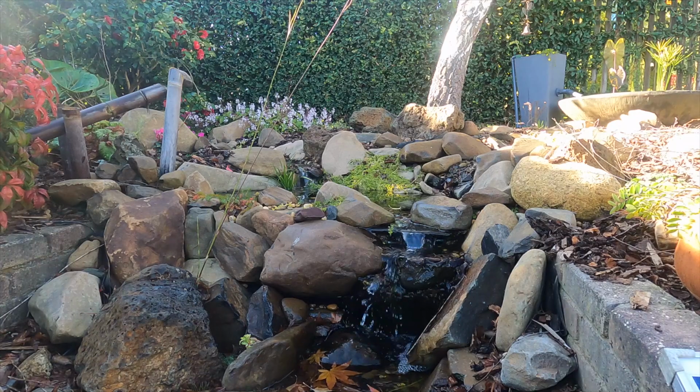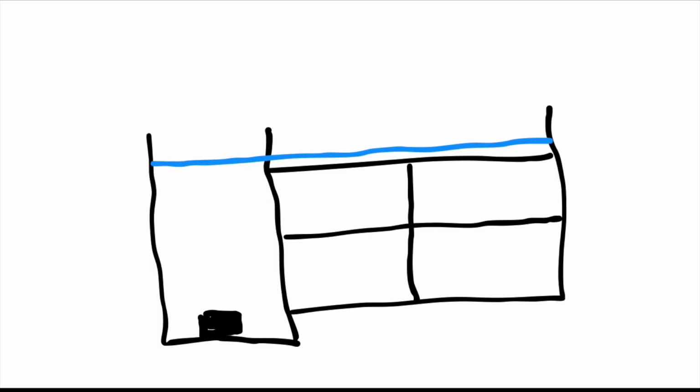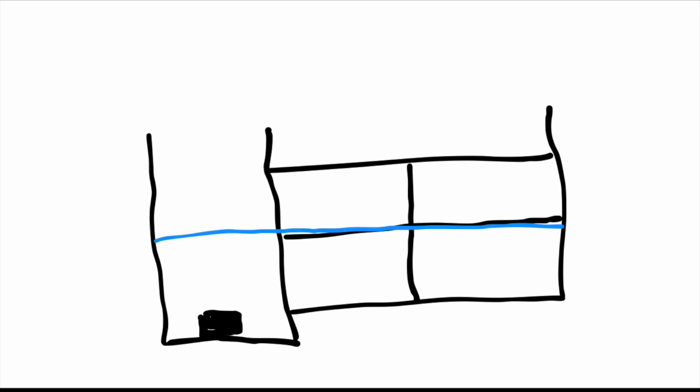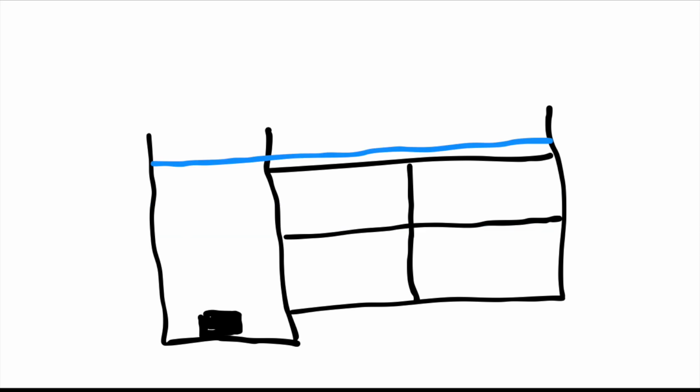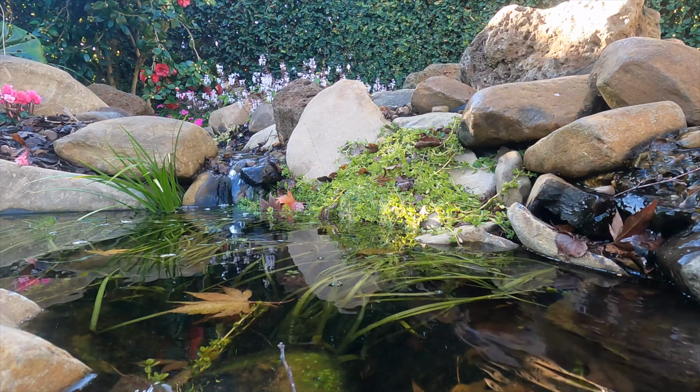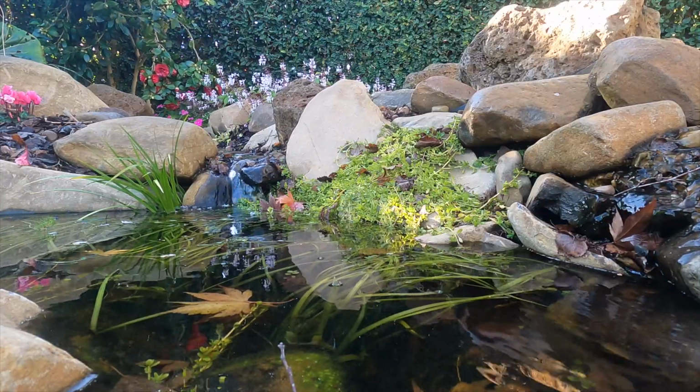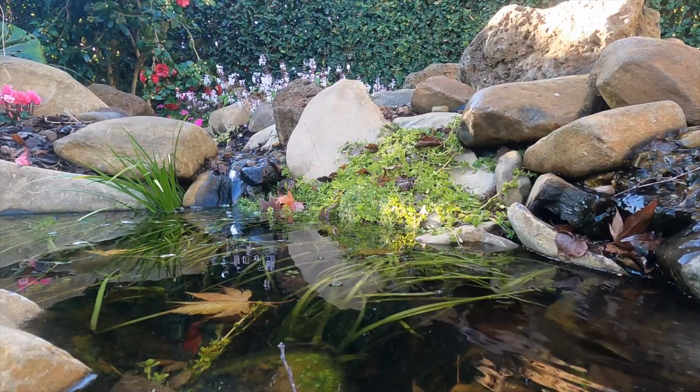So that means if the reservoir is full and we start up the pump, half the water will be in motion before returning to the reservoir. If we shut the pump off, the reservoir will return back to full. With that said, there's absolutely no reason why you can't oversize the reservoir, but you should never undersize it.